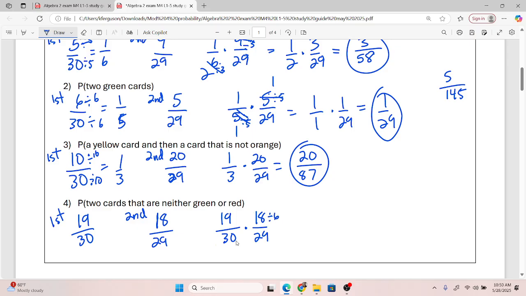Divide the top by 6 and the bottom by 6. Right here I get 5. Right here I get 3. So I'm going to have 19 over 5 times 3 over 29. And so 3 times 19 is what, 57? And then 5 times 29 is what, that's... no, 5, sorry.